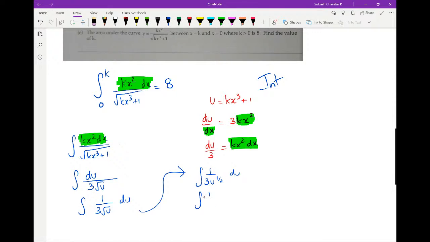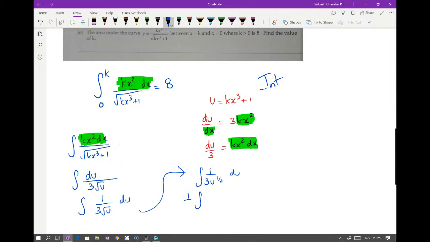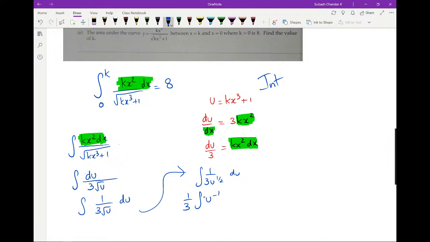Actually, I'm going to take 1/3 out just because it's a pain. That becomes u to the power of negative half du. So this will become 1/3 u to the power of, now negative half plus 1 is positive half, divided by the new power, which is a positive half. And that's it.